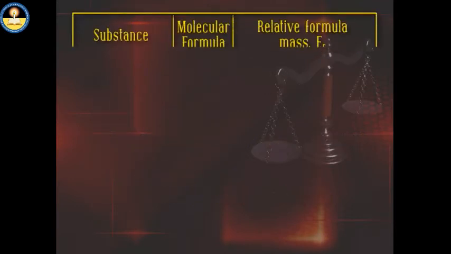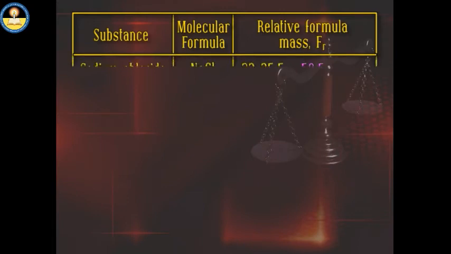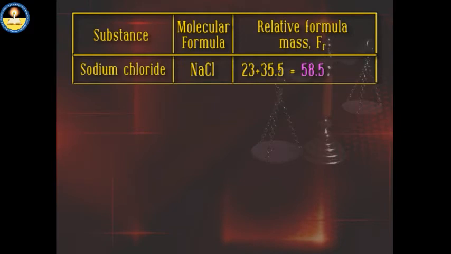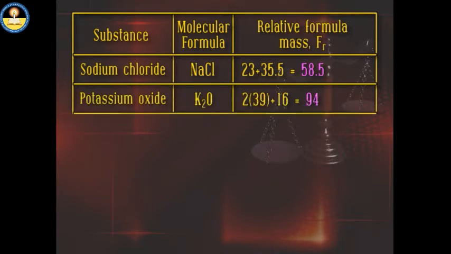Have a look at the calculation of the relative formula masses of some ionic compounds. For sodium chloride, the relative formula mass is 58.5. Potassium oxide, 94.